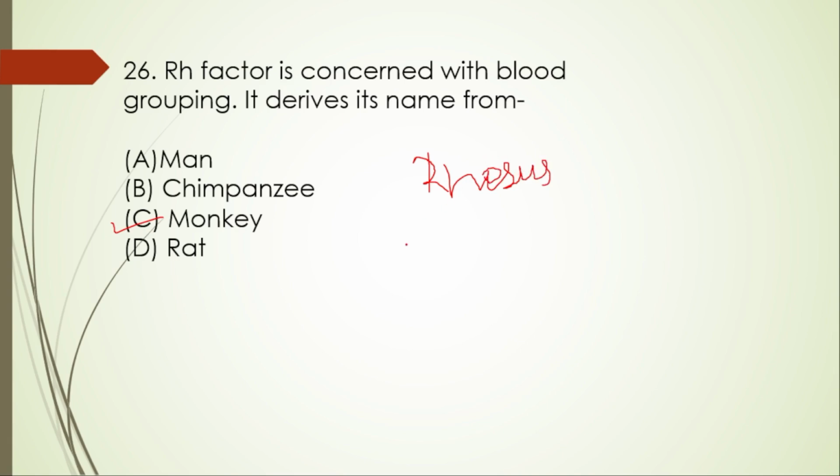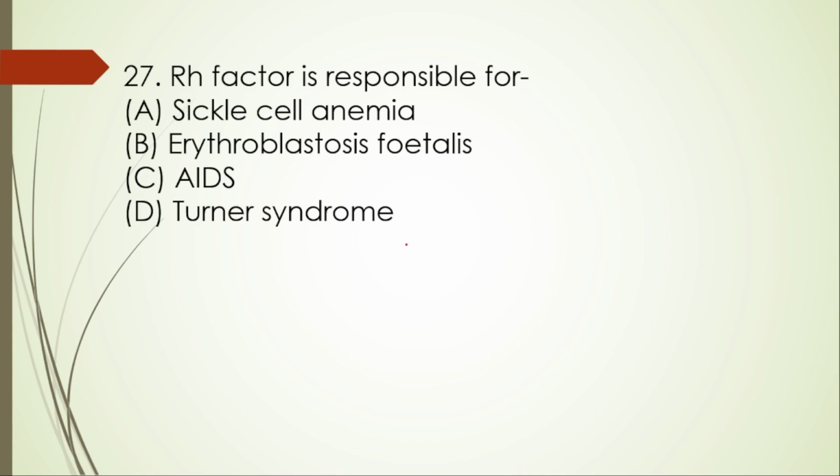It derives from the name rhesus monkey, that is Macaca mulatta. 27th one, Rh factor is responsible for: A, sickle cell anemia; B, erythroblastosis fetalis; C, AIDS; D, Turner syndrome. I said about this, erythroblastosis fetalis.